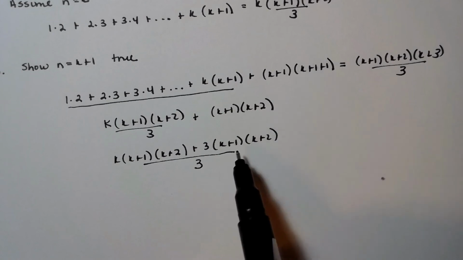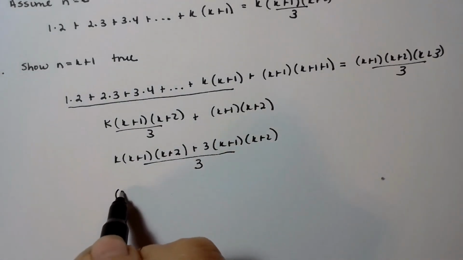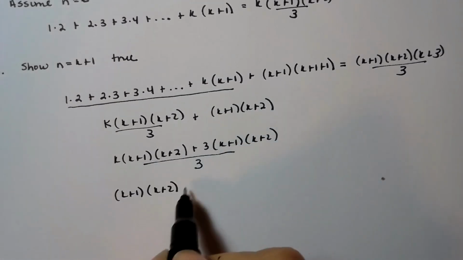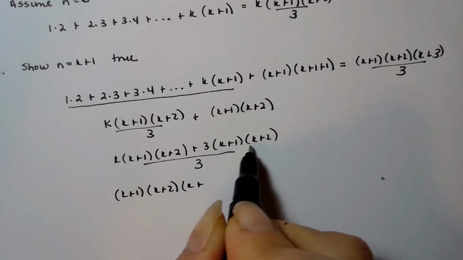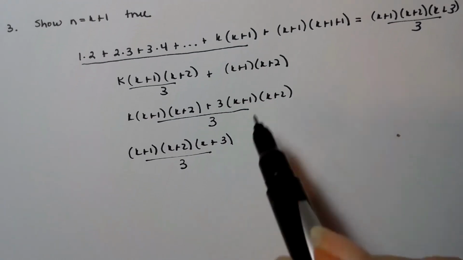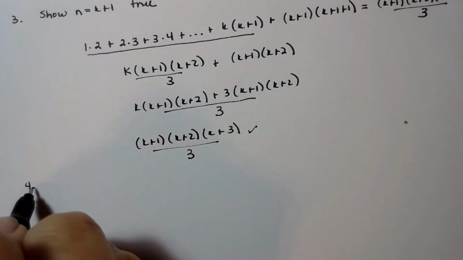And what I notice is I can factor out a k plus 1 and a k plus 2. So if I factor out a k plus 1 and a k plus 2, then the only thing left in the second term is 3 over 3. And I've gotten the left-hand side to look identical to the right-hand side. So I've done my job there. 4.